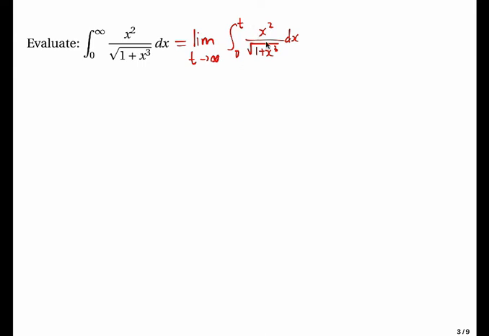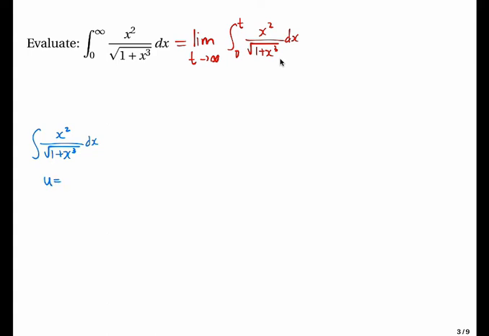Now, let us look at this definite integral. In fact, let us work on the indefinite integral of x squared divided by the square root of 1 plus x cubed dx. So in here, we do some substitution.